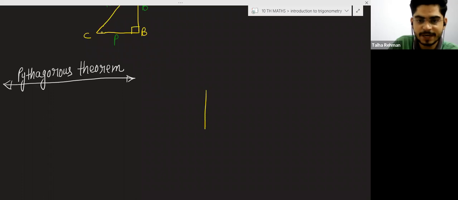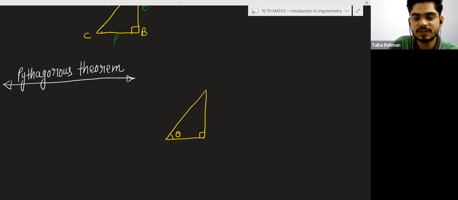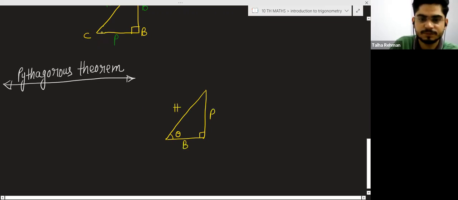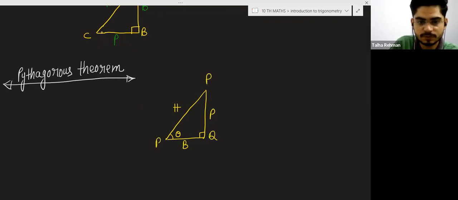If you measure sides with respect to this angle, then this is perpendicular, this is hypotenuse, and this is base. This is triangle PQR, suppose.